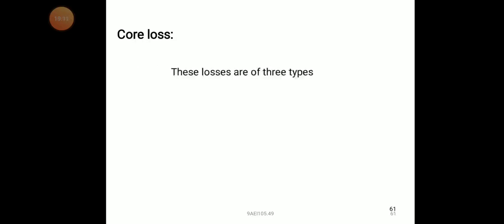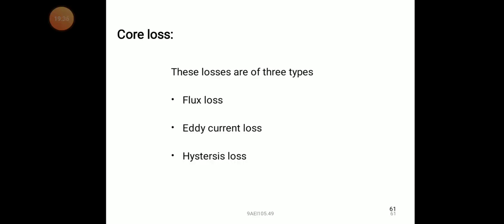The next type of loss is the core loss. So what is the core loss? Generally, the core loss means that because of the core material we have some energy lost in the core. What are the different types of losses in the core? We have three types of losses.